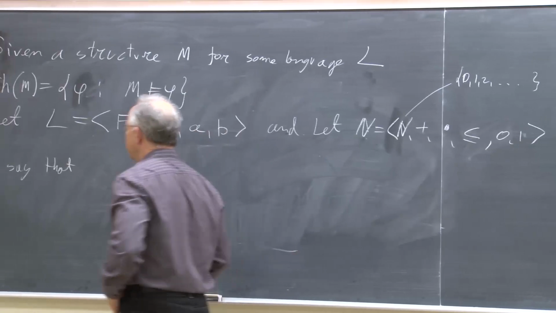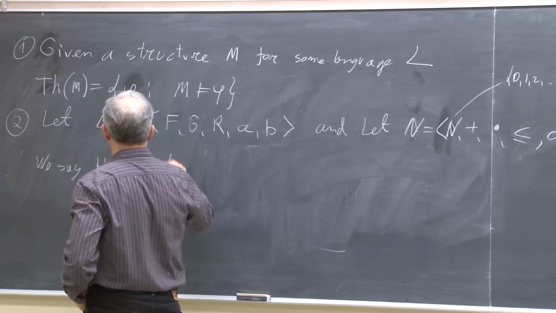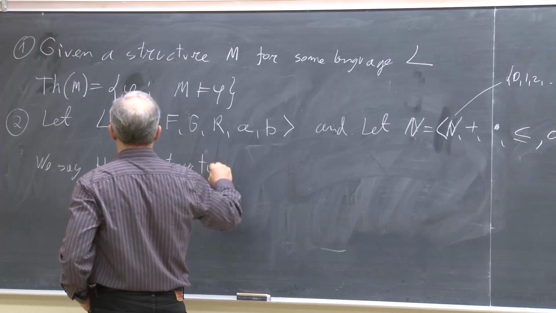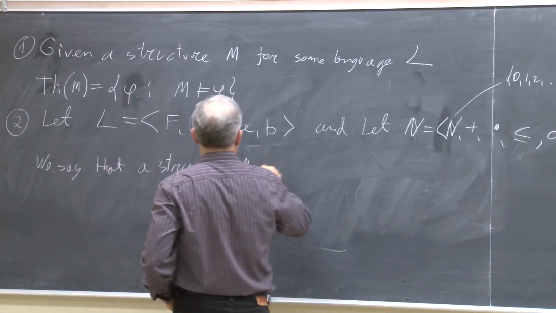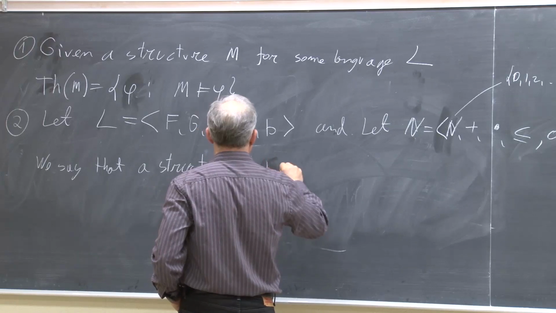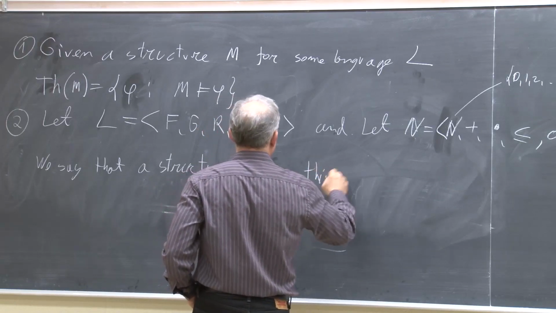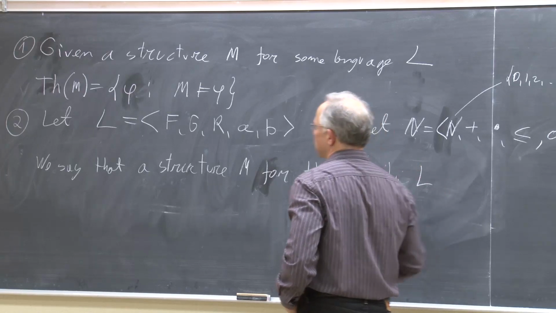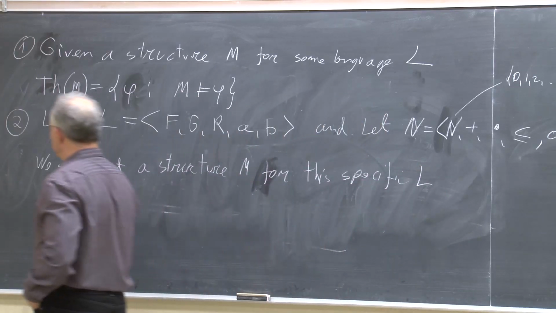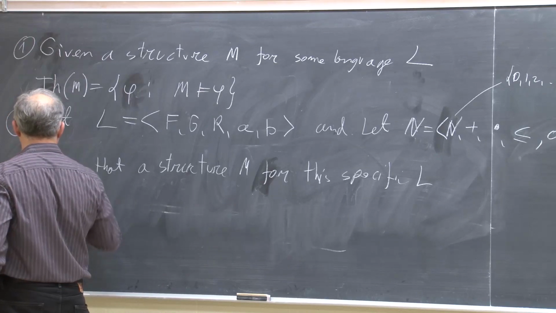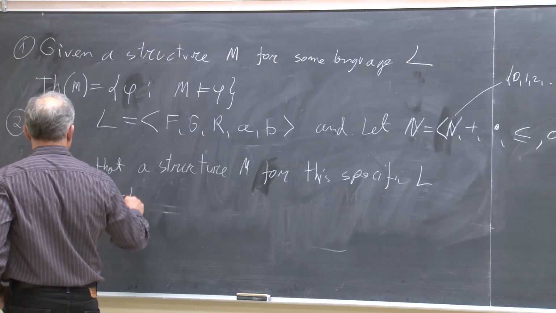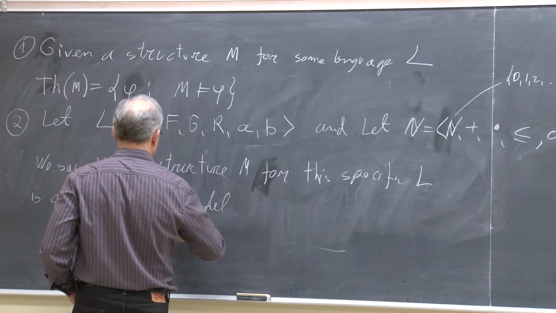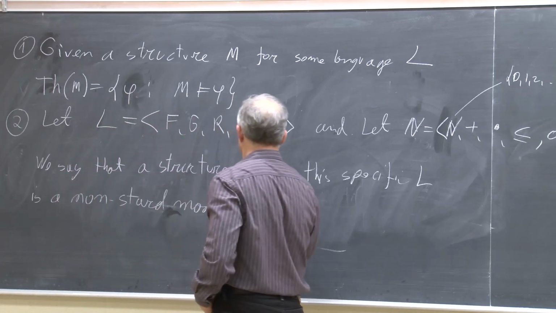And now we say that a structure M for this specific L is a non-standard model of arithmetic.